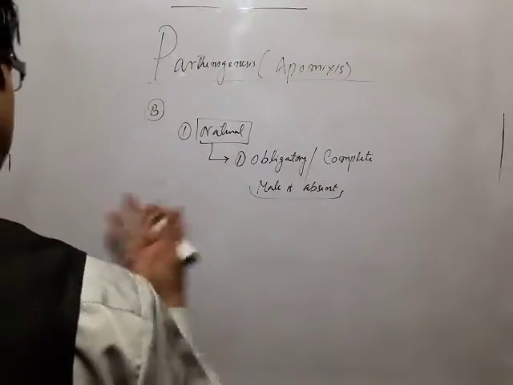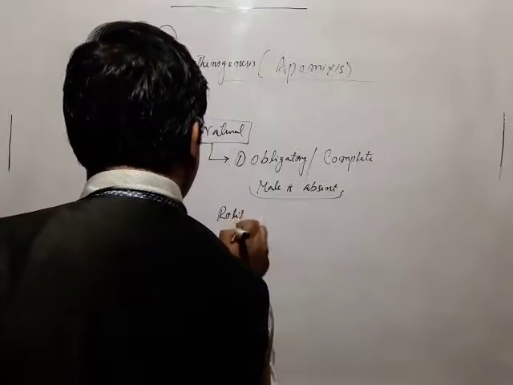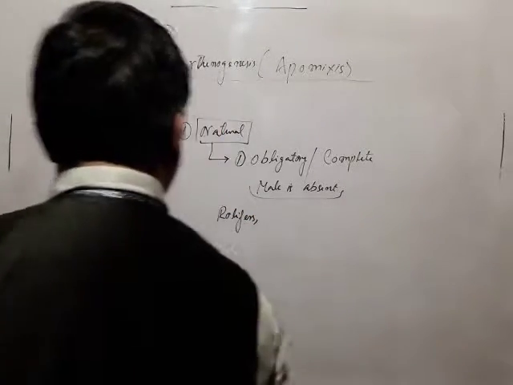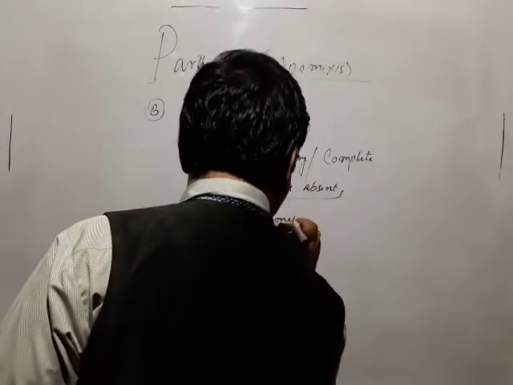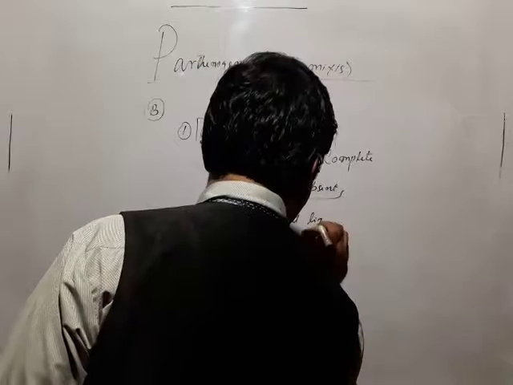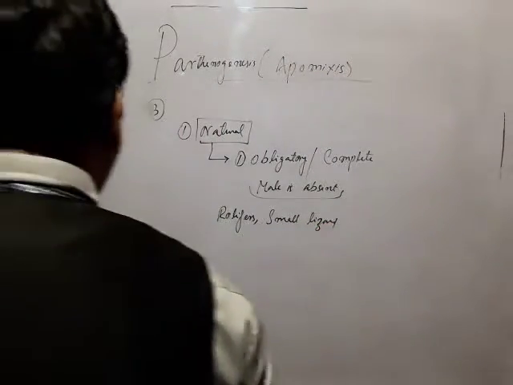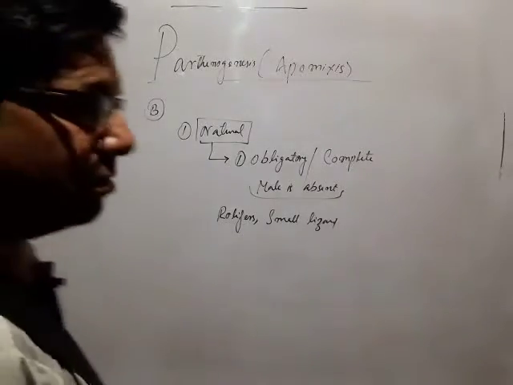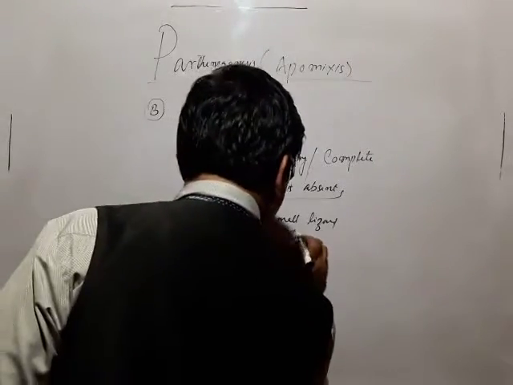We have examples: rotifers, which are an animal class. We have some lizards, such as the small lizard Typhlina.